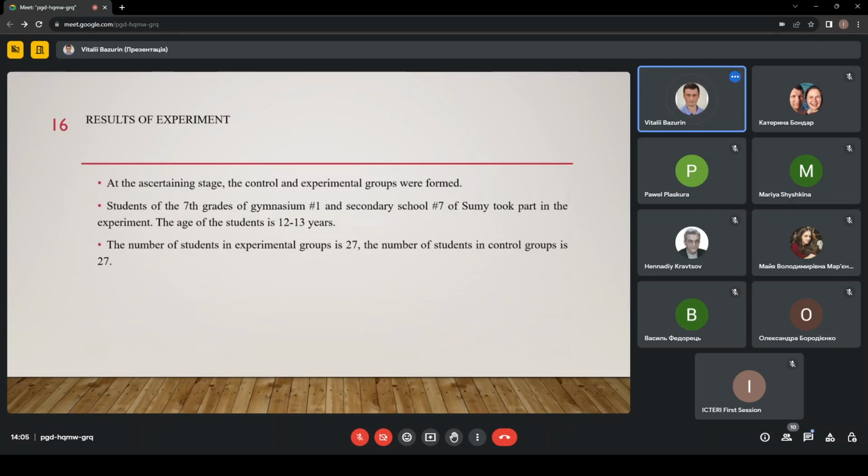Students of the seventh grades of gymnasium number 1 and secondary school number 7 of Sumy took part in the experiment. The age of the students is 12 to 13 years. The number of students in the experimental group is 27. The number of students in the control group is 27 too.